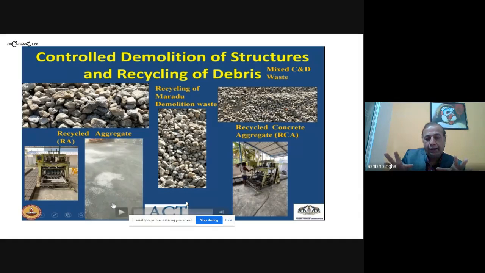But the idea is to get all the materials segregated so that they can be put into use in a much more technical manner. Once the materials are segregated, we get this kind of material, as you can see in the picture.